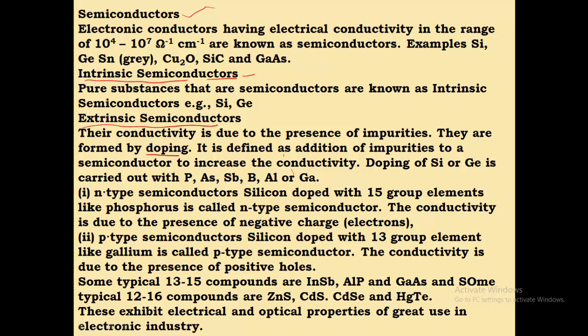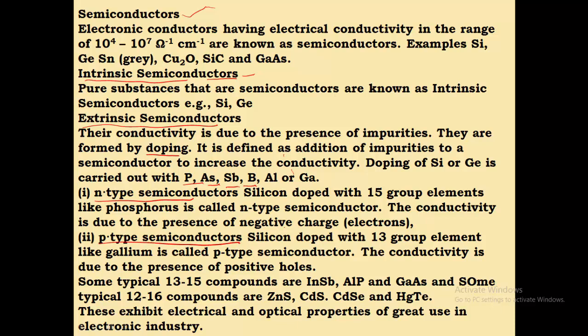For example, we can add phosphorus, arsenic, boron, aluminum, gallium, etc. By addition of impurities, we can form different types of semiconductors. Those are N-type semiconductors and P-type semiconductors.